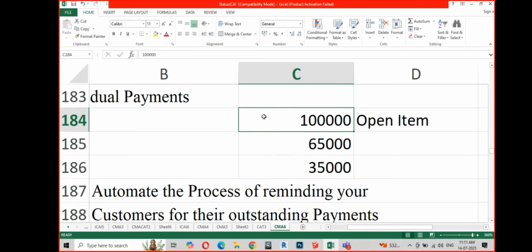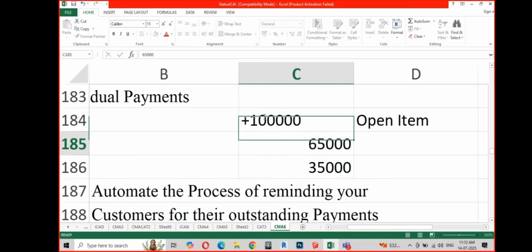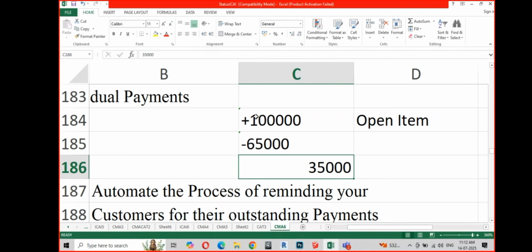In your SAP system, both these items are reflected. Customer account debit to sales, that is the entry. Why is it showing 1 lakh? It is showing a plus. And 65,000 rupees is the receipt. I've written it down on the left, amount receipt.